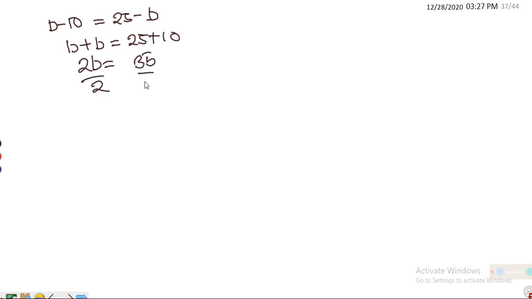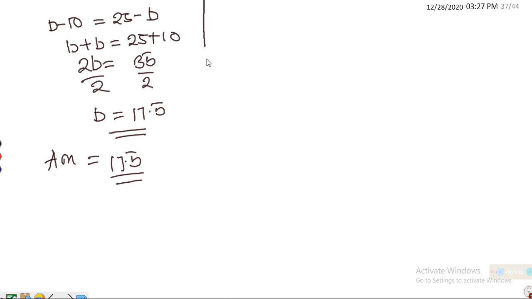If you divide both sides by 2, you're going to have B equals 17.5. So the arithmetic mean of these numbers is 17.5. The AM is 17.5. So this is how to find AM.